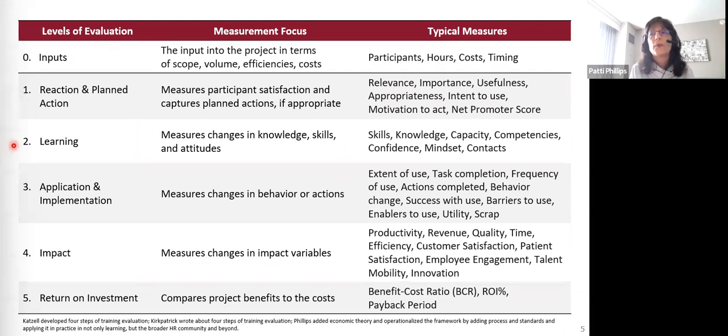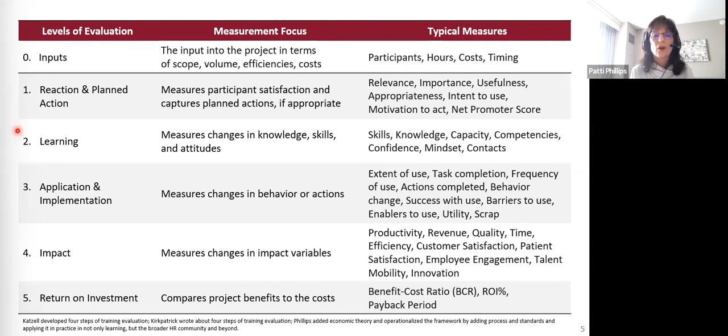Learning data are important. Learning data tell us the extent to which people know what it is they need to know to do what we want them to do. They either have the skill, they have the knowledge, they have the insight. So if you're training someone to do a job, we want to make sure they have the skill to do it or the knowledge to do it. Maybe if it's a leadership program, part of changing the behavior of leaders is giving them some insight about themselves and insight about others.